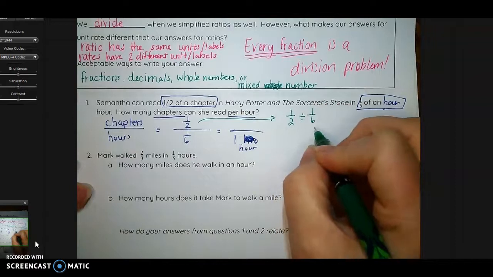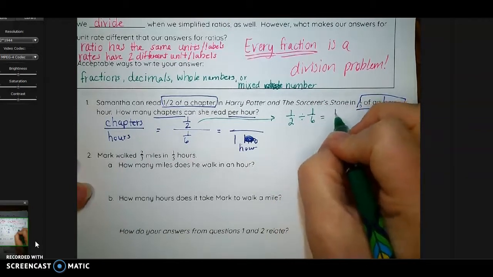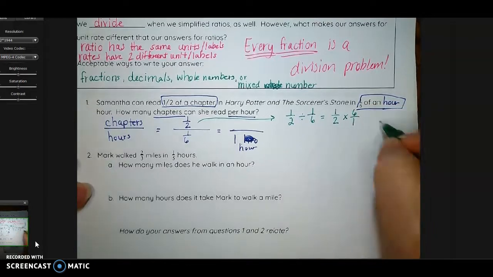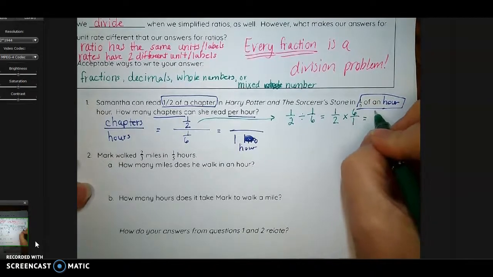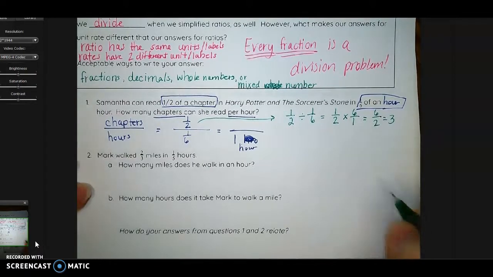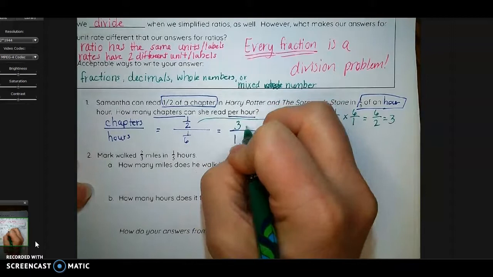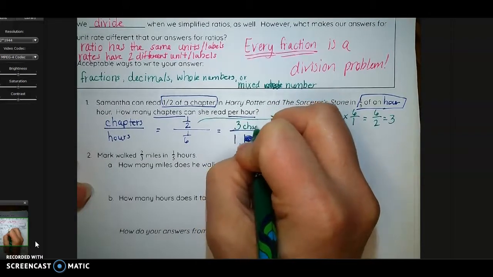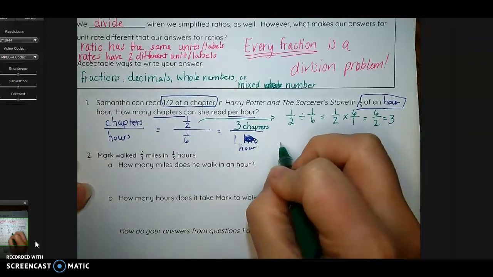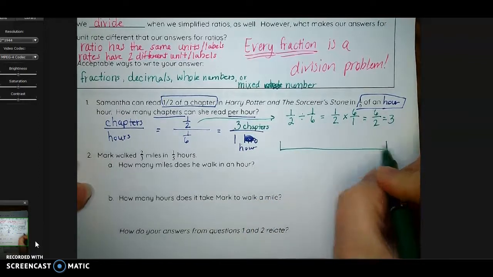And we know we keep the first fraction and multiply by the reciprocal. So I'm going to get 6 over 2, which is equal to 3. That means she can read 3 chapters in 1 hour.